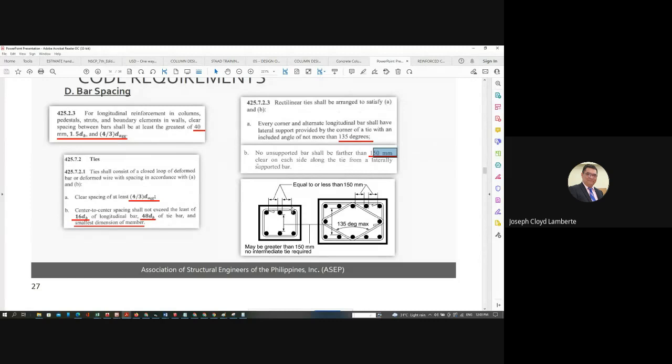So no. Clear pagay na 150. So kung gisugod 150 sa center to center, so dapat day 150 plus 1 bar diameter din. Kanipod na sa gani oh, napod kay diamond oh, diamond. Sa kanan diamond.